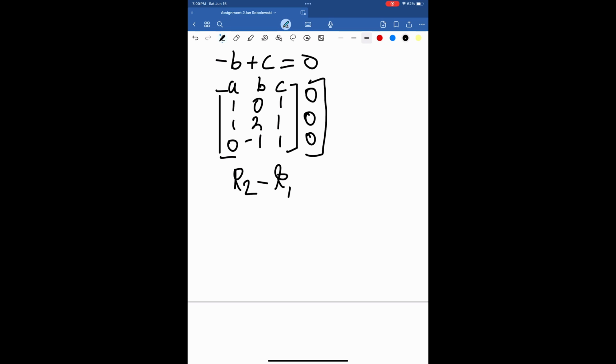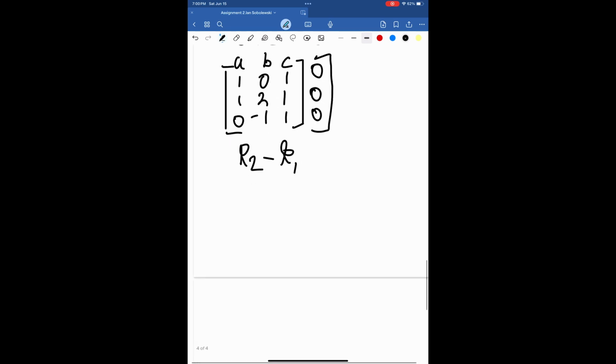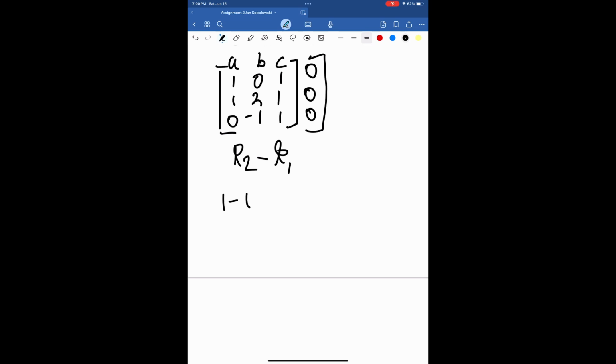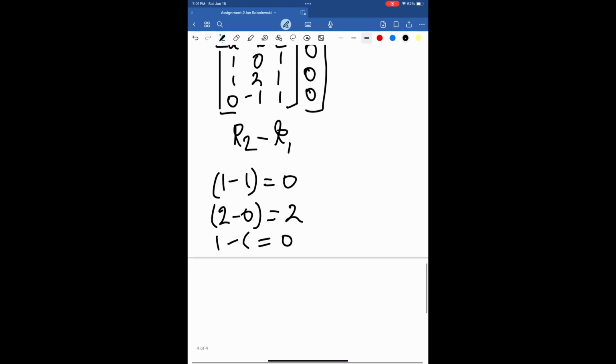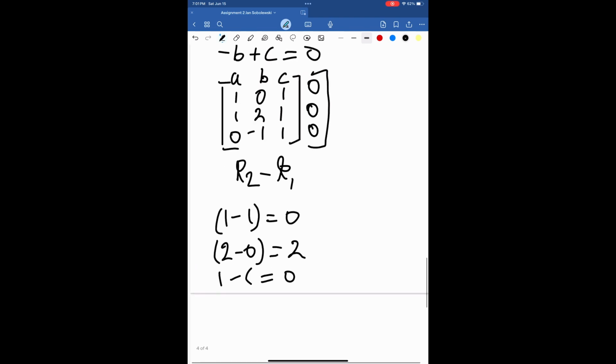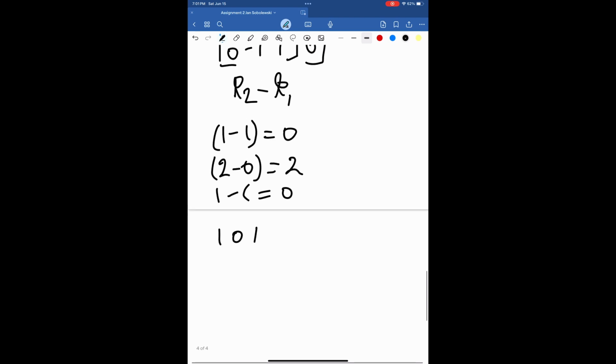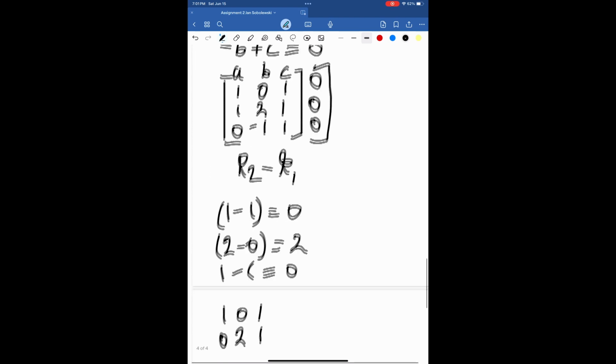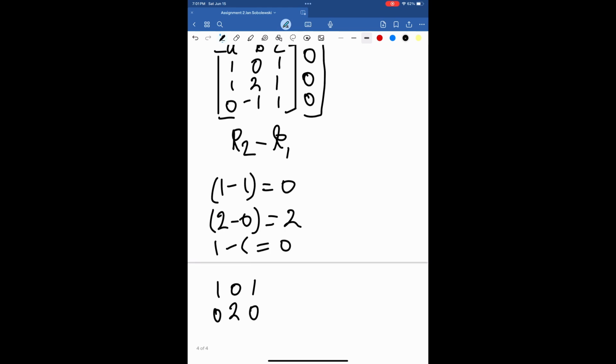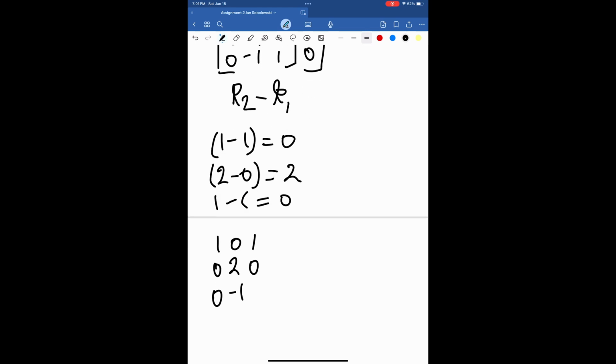So now we have 1 minus 1 equals 0, 2 minus 0 is 2, then 1 minus 1 equals 0 again. This makes things simpler for us in our system of equations, because now we have one row that's by itself.